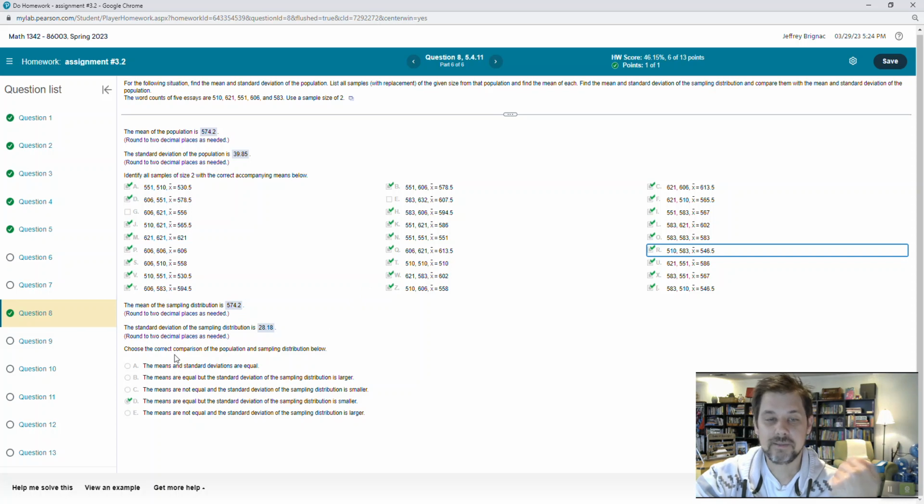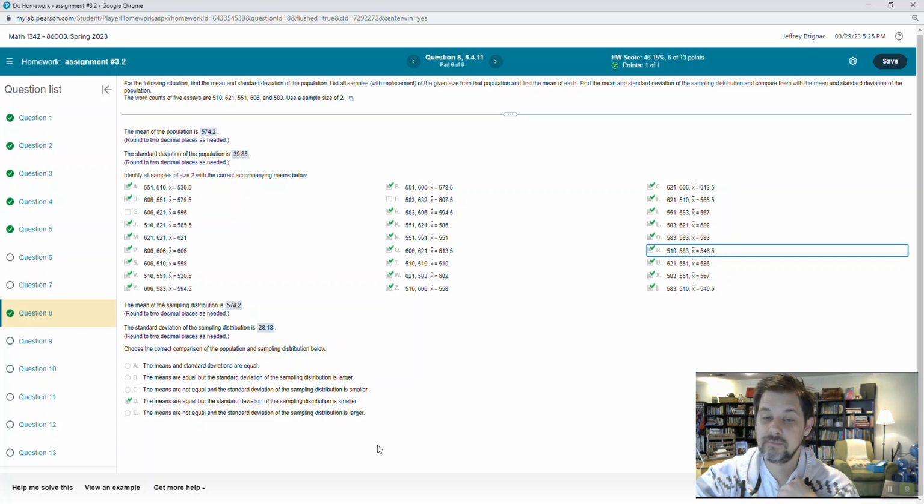And last thing, it just says, well, what comparison would be accurate? Between the population and the sampling distribution, the means are equal, right? That's just part of it. But in this case, the standard deviation of the sampling distribution is smaller, which will be the case. All right, so that's how we tackle this one.